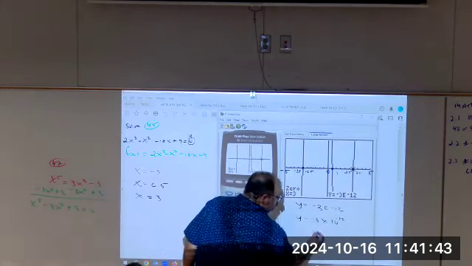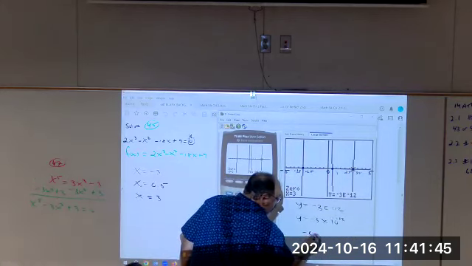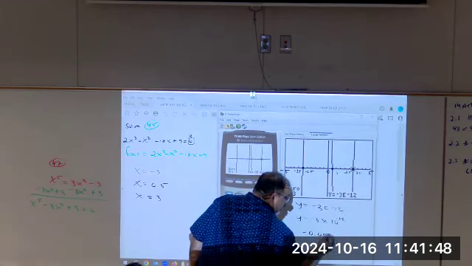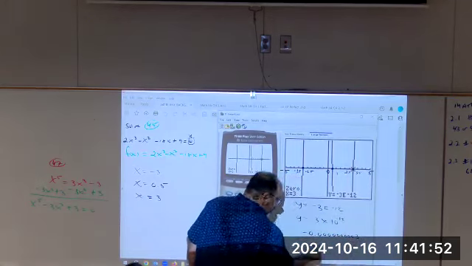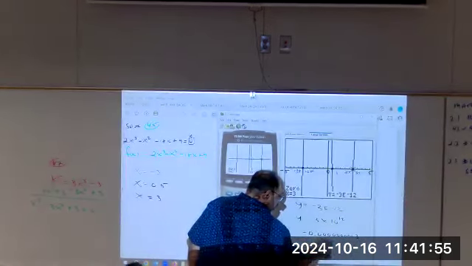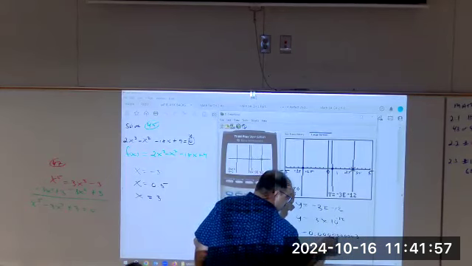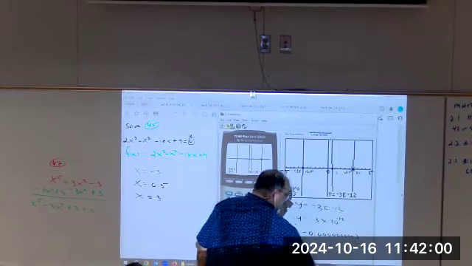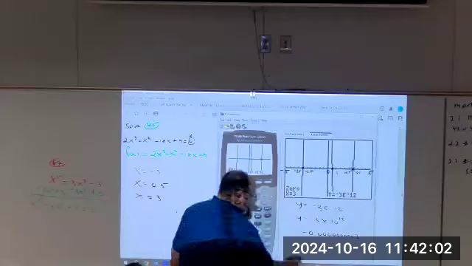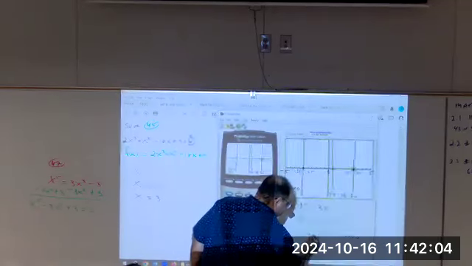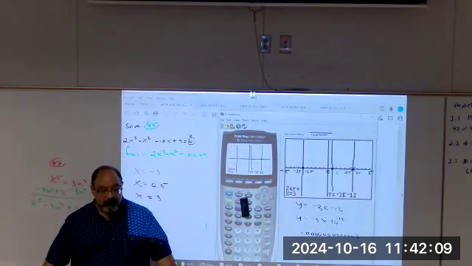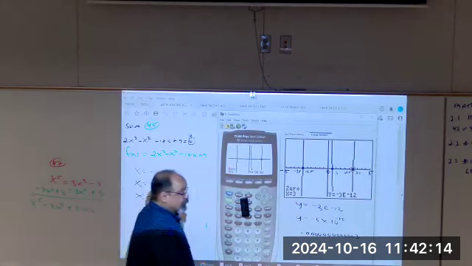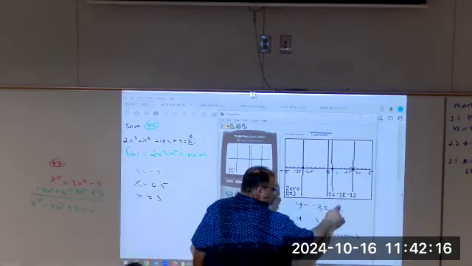That means it is negative 0.000000000003. Let's see, 1, 2, 3, 4, 5, 6, 7, 8, 9, 10. Oh, 12. Which is basically 0. When you see this notation, it's scientific.